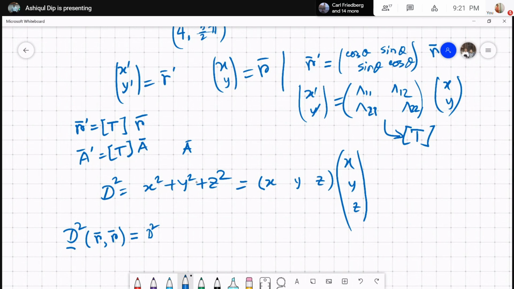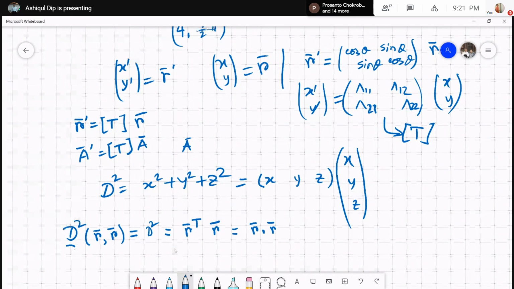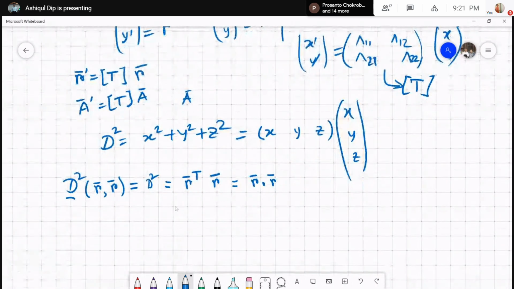It is defined like this: for the first position vector, if you represent it as a column matrix, you have to transpose it and multiply with the other. We call this operation the dot product. You can think of the dot product as basically a notation for this d squared.